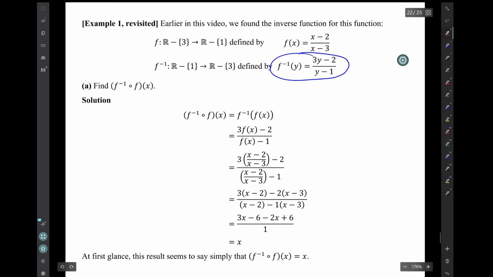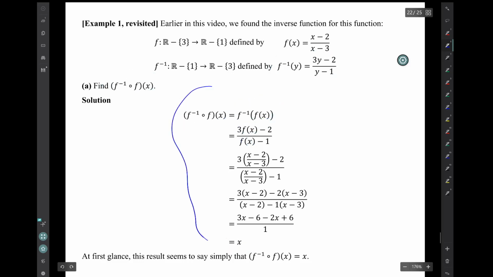And so the domain of the inverse function is the set that was the range of the original function, and the range of the inverse function is the set that was the domain of the original function. So what I'd like to do is compute this. Well, that expression just simply means this. And if you plug in f of x in all those spots and you simplify, you just get x.